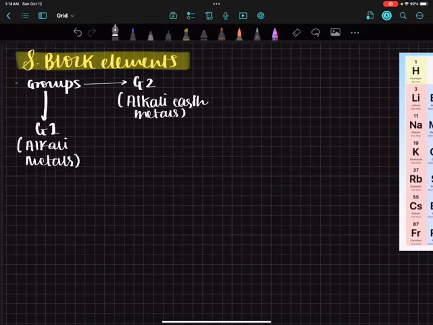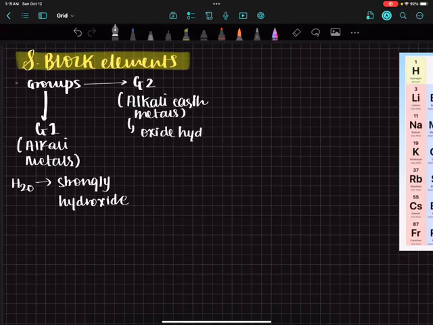Alkali metals, when reacted with H2O, give strong hydroxides. And group 2 gives oxides and hydroxides, which gives rise to alkaline nature.